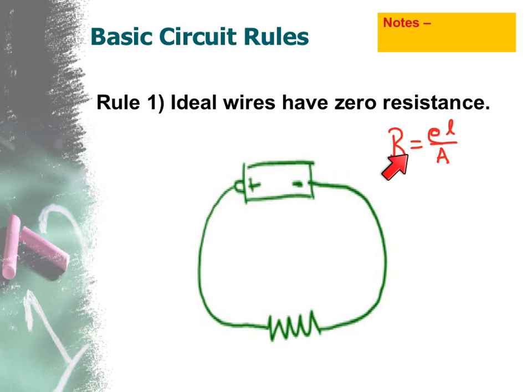You don't have to start considering the resistance of a wire until you get to very long distances, like telephone lines or power lines. So for most ordinary circuits, we just say that wires have zero resistance.